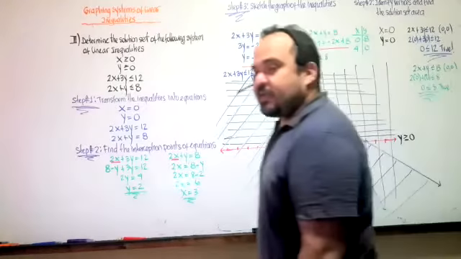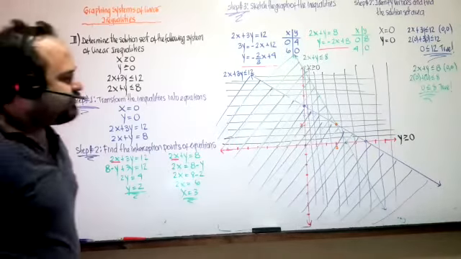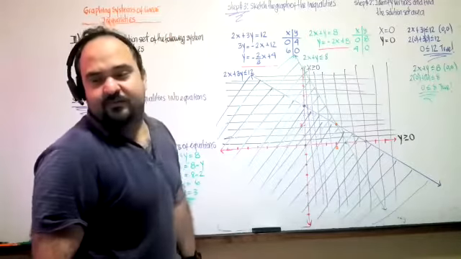Fíjense donde tanto la azul, la verde, la morada y la negra chocaron. Están todas juntitas.